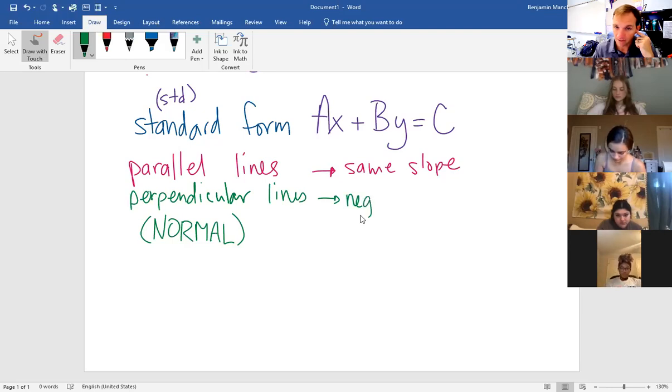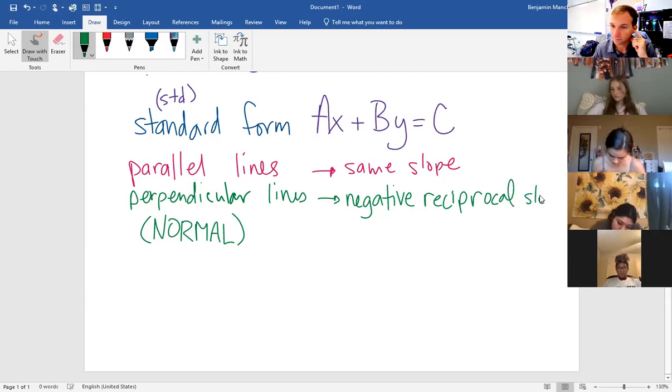So if you're ever asked for a normal line, that's talking about the perpendicular lines. And perpendicular lines have negative reciprocal slopes. Negative reciprocal. So if we're asked for something that's normal, you're being asked for the perpendicular.